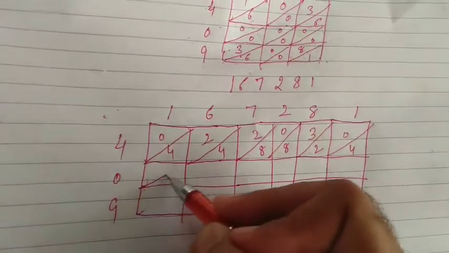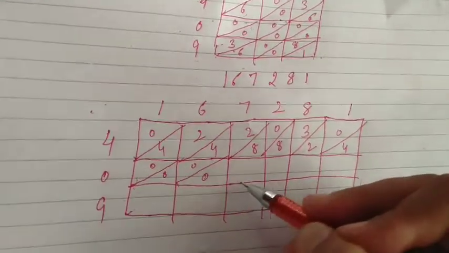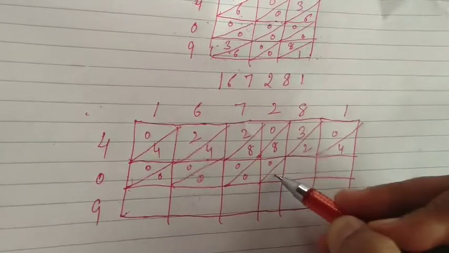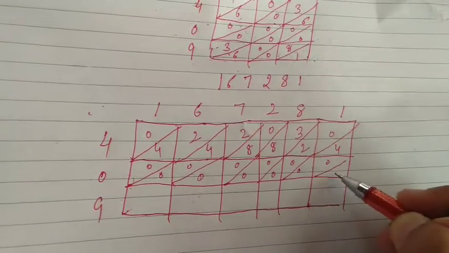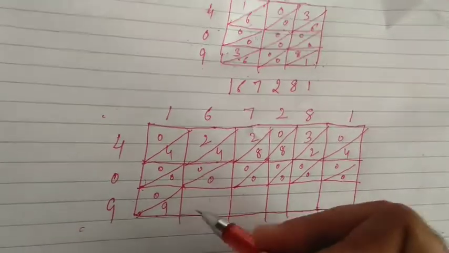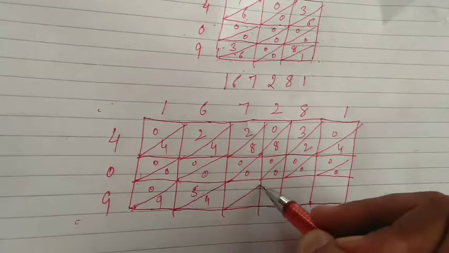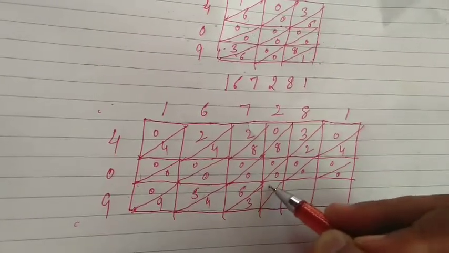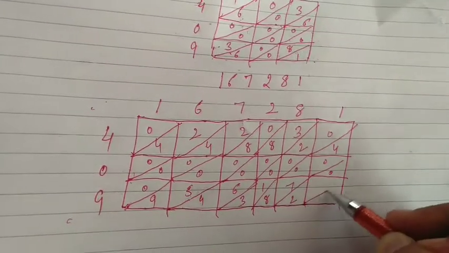Now 0, that is in the entire row we got 0 because we are multiplying with 0. At last 9, 9 1s are 9, 9 6s are 54, 9 7s are 63, 9 2s are 18, 9 8s are 72, 9 1s are 9.